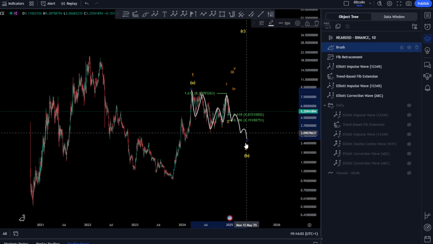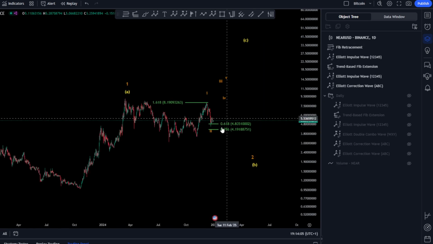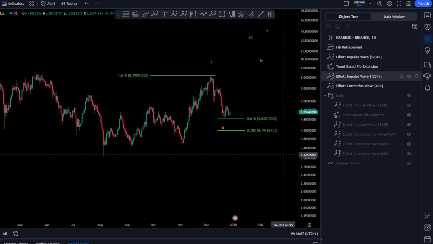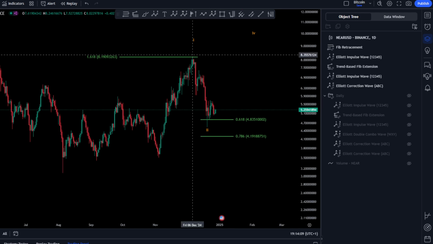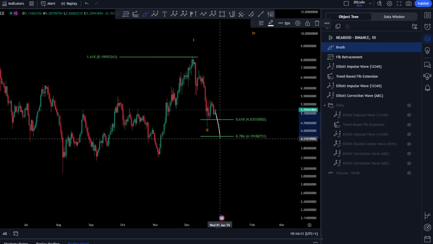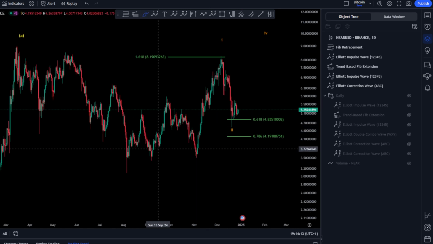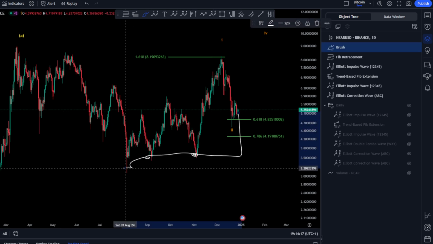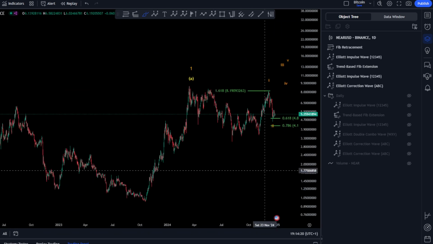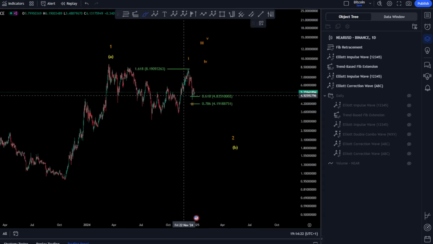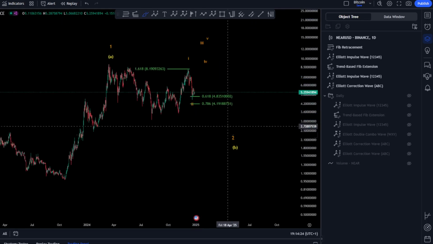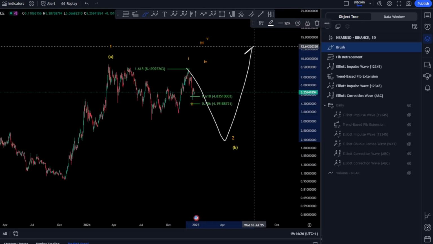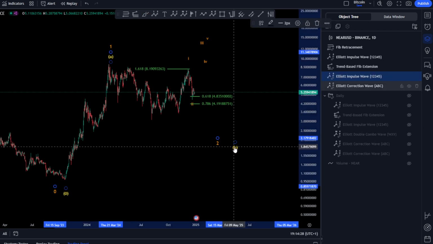So the key levels are those fib levels that we see at the 0.78. This is your last opportunity to keep the bullish scenario. If we break this and take the low, then definitely we are moving to a bearish scenario, short term I would say, to finish a bigger wave and then start to move towards the upside after it.